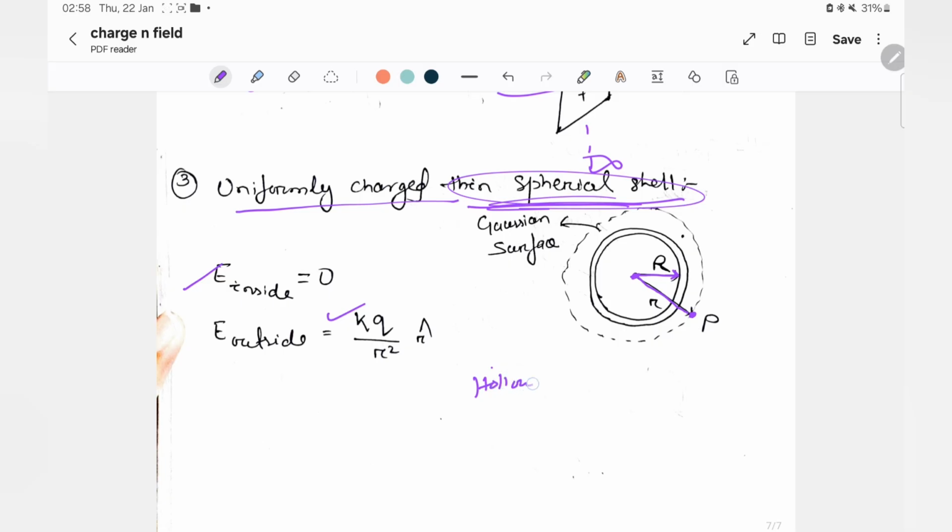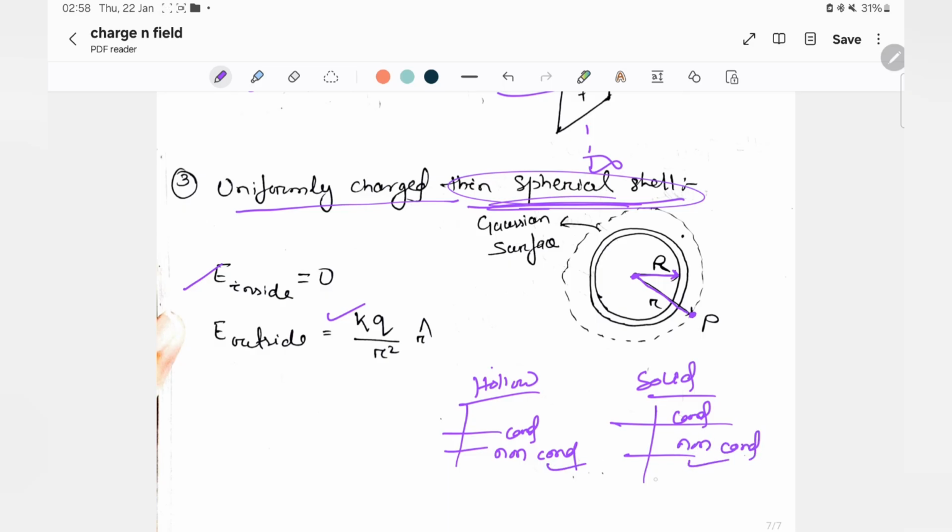In case of a hollow sphere there are two types, conducting and non-conducting. Similarly, in case of a solid sphere, one is conducting and another is non-conducting, and this non-conducting we call dielectrics. Leave that.